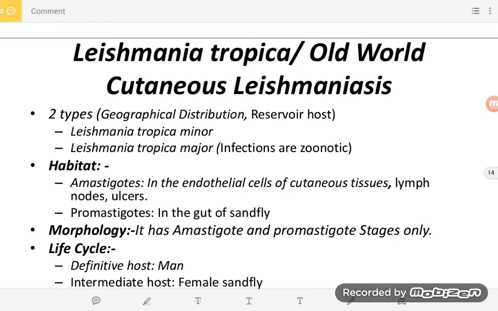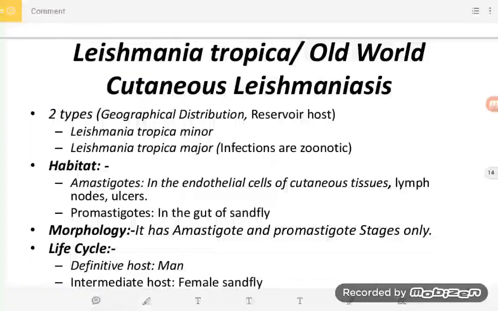When we consider the habitat of Leishmania tropica, we already know there are two stages, the amastigote form and the promastigote form. The amastigote form is found in the endothelial cells of the cutaneous tissue, lymph nodes and the ulcers. So here in humans we can see it in cutaneous tissue, the lymph nodes and the ulcers.